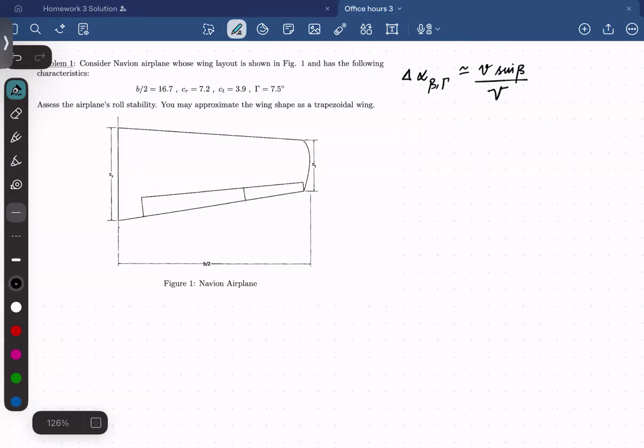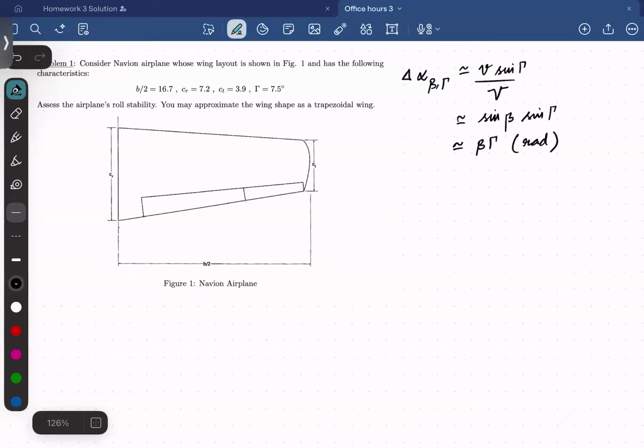And then we know that small v over cap V is sine beta, or side slip, times sine gamma. Because beta and gamma are both small angles, we can approximate this as beta times gamma. And obviously, this has to be done in radians, not in degrees.